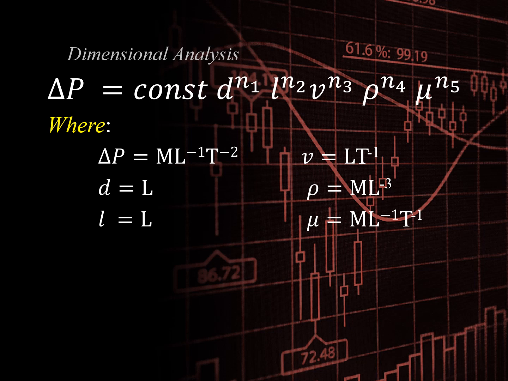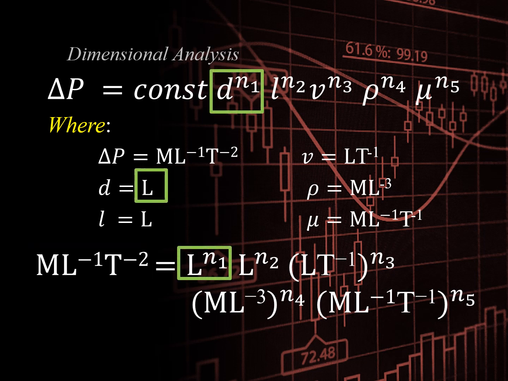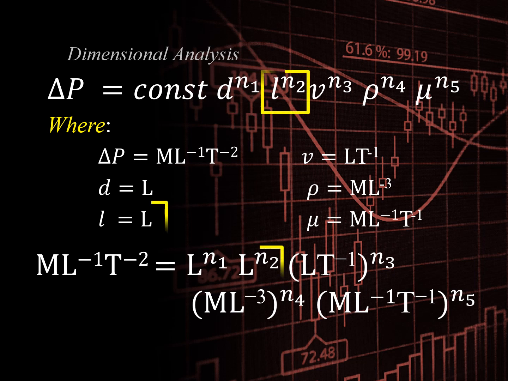Then substitute the dimensions into the equation. Thus, change of P is substituted. Also, you have your D, you substitute that. And then we have also our L, which is equivalent to the big L. We substitute that.